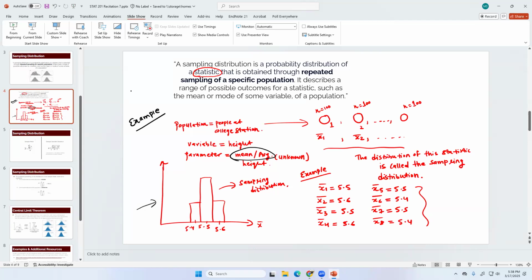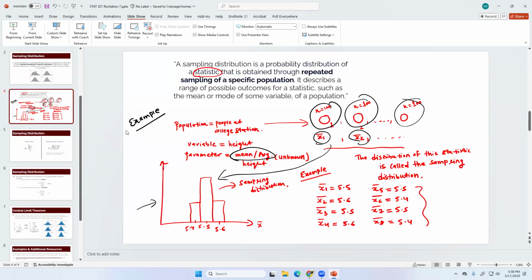We have a population, we repeatedly sampled people from that population. We calculated the statistic and we plotted its distribution, okay? And that is called the sampling distribution. Any question about this? No? Is this clear? Yeah? Okay.